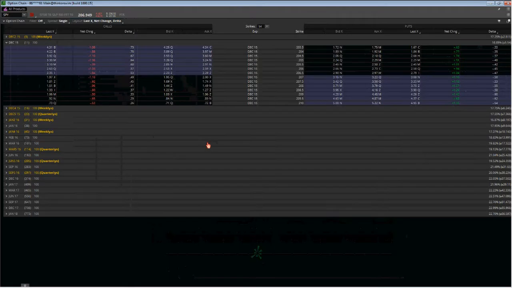I personally define it slightly differently than most would. It's simply the projected or estimated profit or loss that would be seen on your particular contract if the stock moves $1.